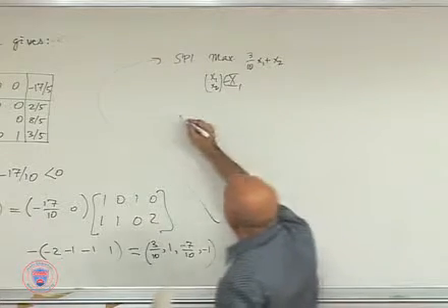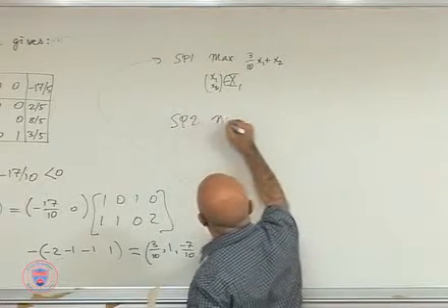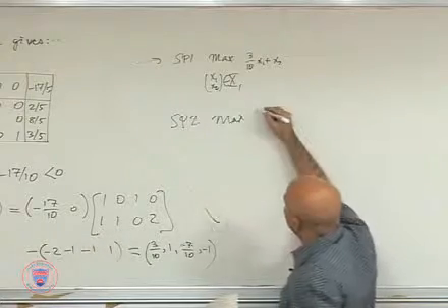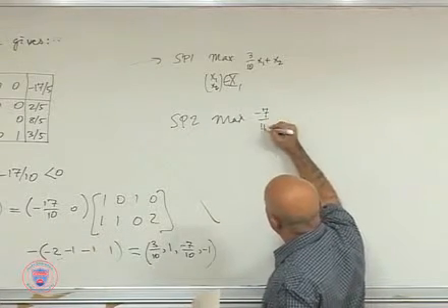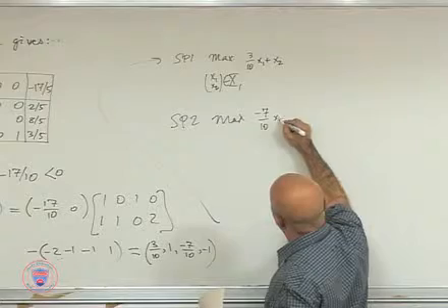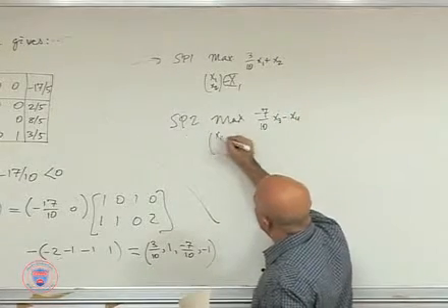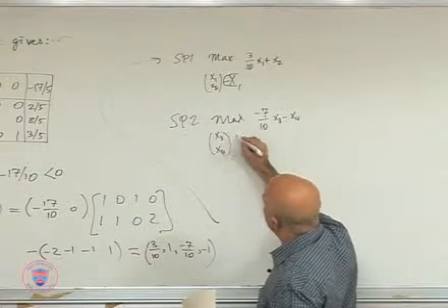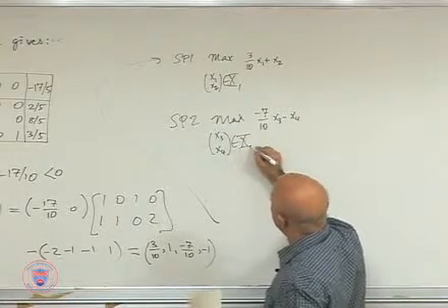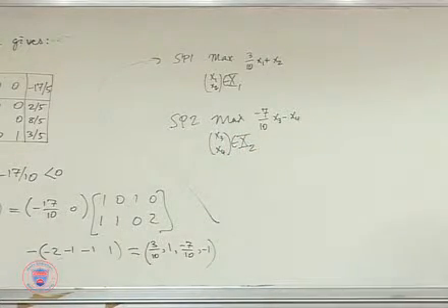The second subproblem, you maximize minus 7/10 x3 plus or minus x4, subject to the constraints of the original problem that defines x2.